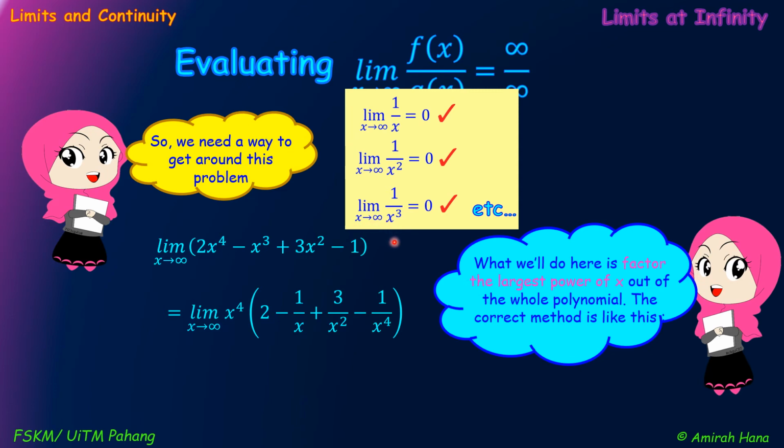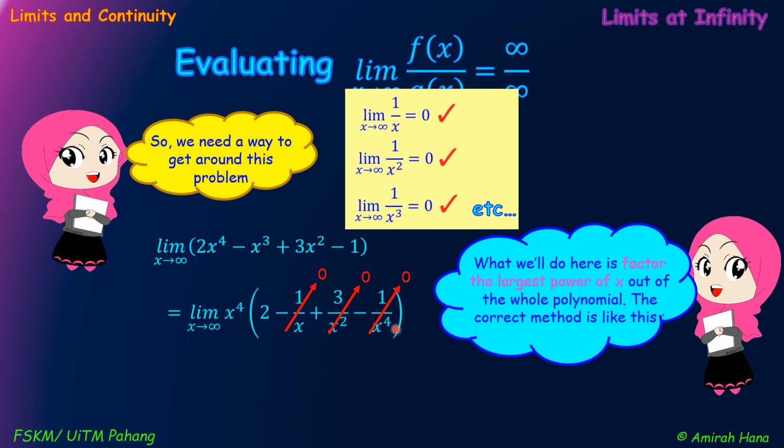Alright? So from here, limit x approaches infinity 1 over x will approach 0. Limit x approaches infinity 3 over x squared also will approach 0. Limit x approaches infinity 1 over x to the power of 4 approaches 0, right?